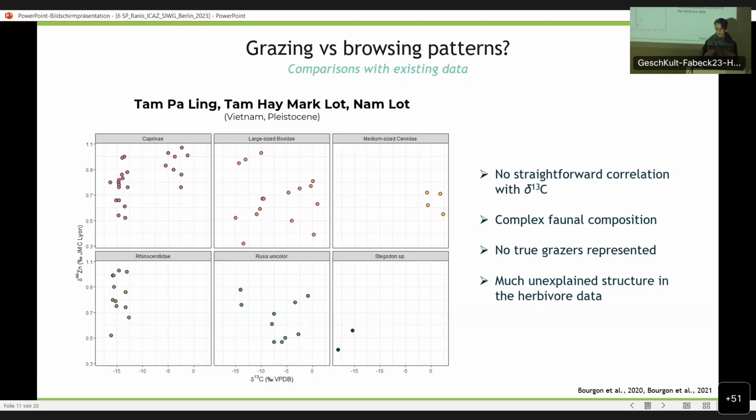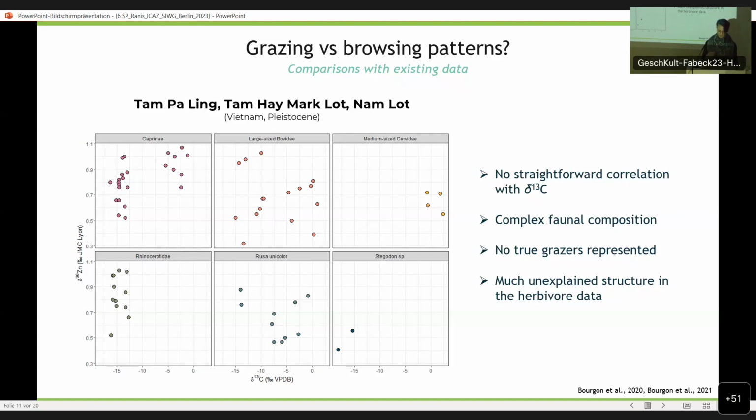So it's not really clear why at these sites we don't see this grazer-browser pattern. It might be that it's just obfuscated by really complicated different taxa that might have different ecologies that we don't know very well about. It also is the case we don't really have true grazers in these sites because it's a tropical forest. So it's generally a pretty closed environment.